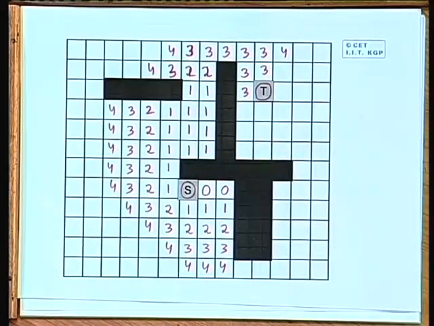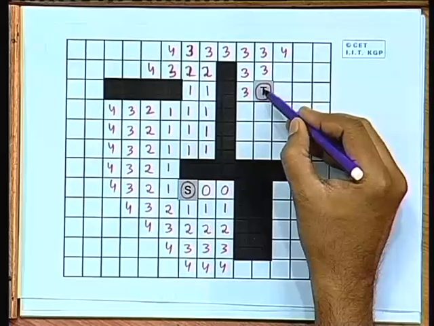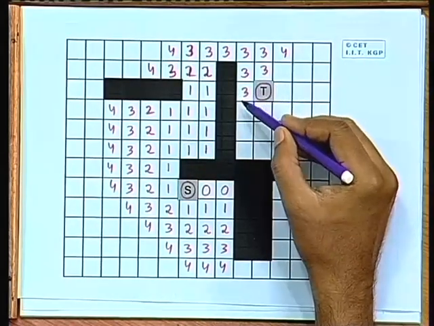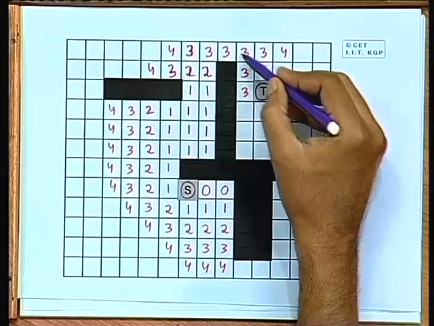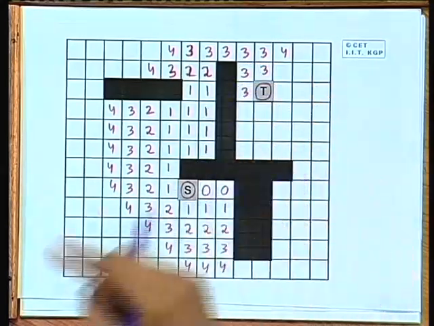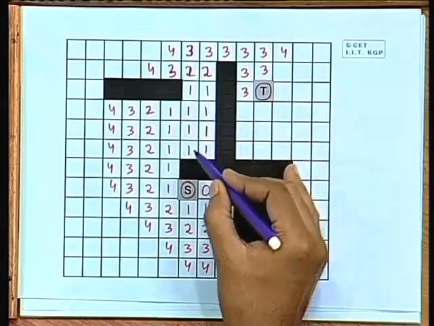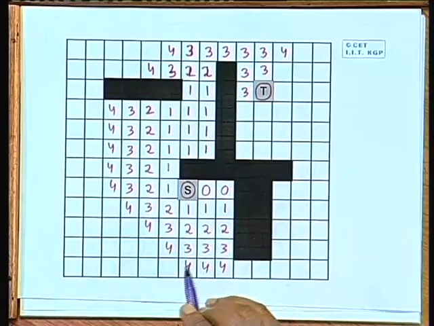But if you look at this example, you will find that retracing of the path is not that easy. Well, one thing you know, that if the neighboring cells of the target is marked as 3, then you will have to retrace a path where the labels will be in the descending order. First some cells mark 3, then some cells mark 2, then some 1s, finally to the source.